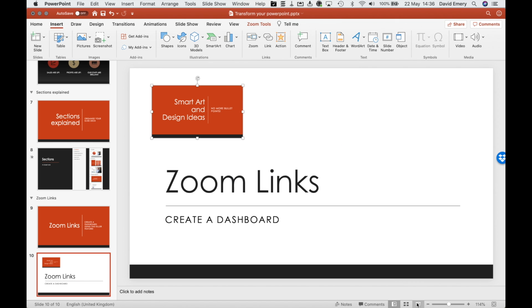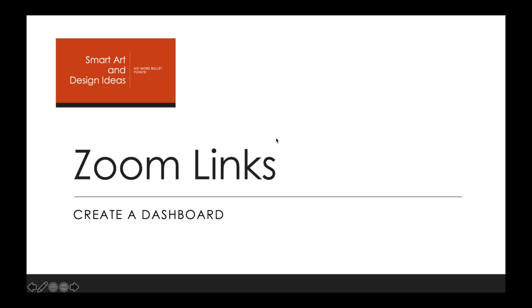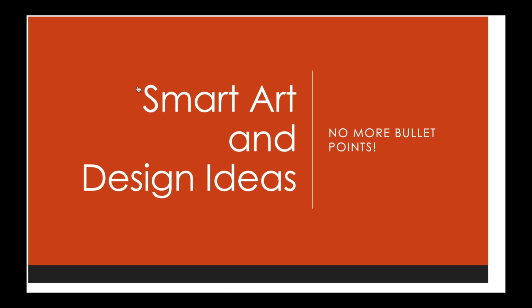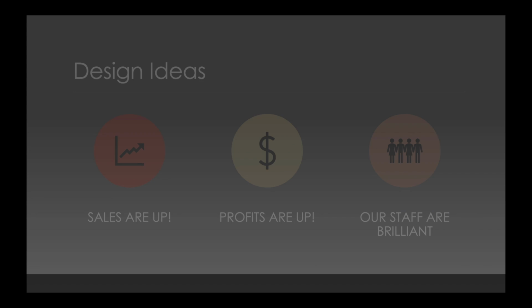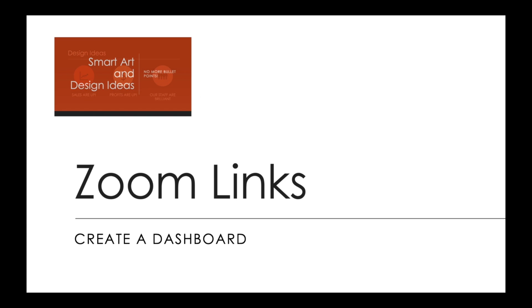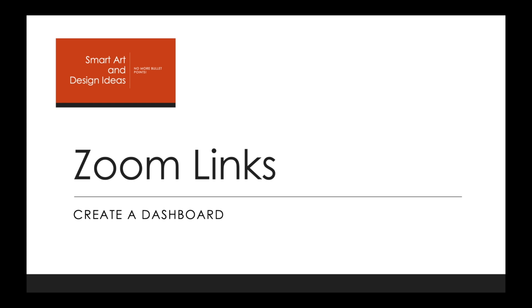So if we once again go into presenter mode, this time when I click the zoom link, not only will it take me to that slide, it will then, as I advance the deck, run through the slides that are in that section, and when it gets to the end of that section, we'll arrive back here. So let's test that. Advance the deck. Gets to the end of the section and comes back.